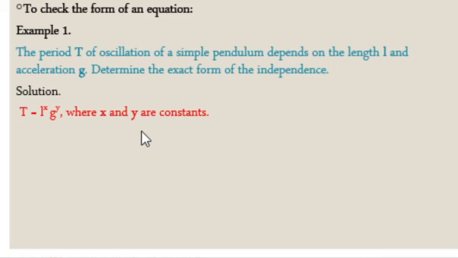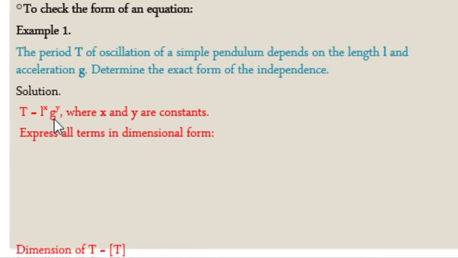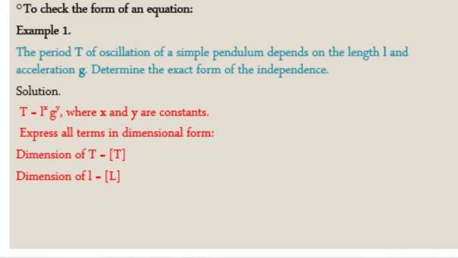To do this, we are going to write the dimensions of each of the parameters in the equation. The parameters have already been defined: T is the period, L is length, and g is acceleration. So the dimension for T is capital T in brackets, dimension for L is capital L in brackets, and dimension for acceleration is LT raised to power minus 2 in brackets.